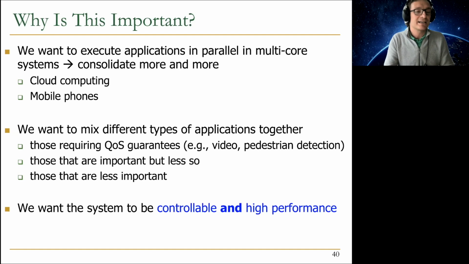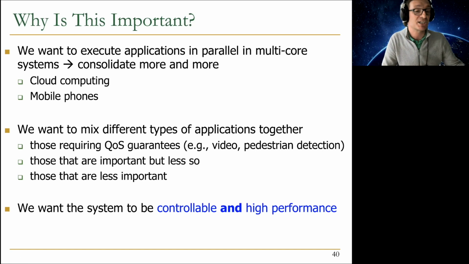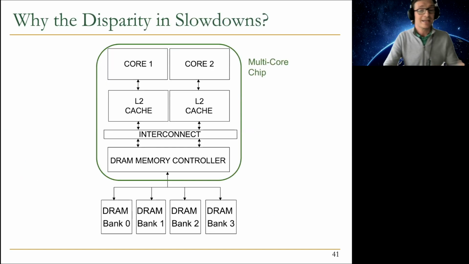So basically, these applications exist, and some of them really require quality of service guarantees. And if you don't provide support for fairness in your system, then you have a problem. So we want the system to be controllable and high performance. You don't want to get 3x performance loss or 5x performance loss in one application, especially if that application requires some guarantees from you.